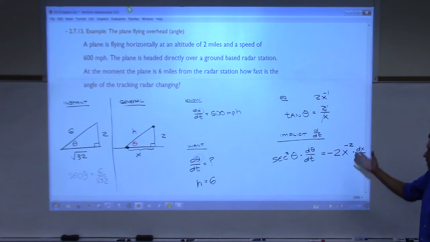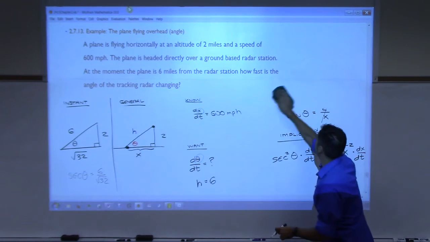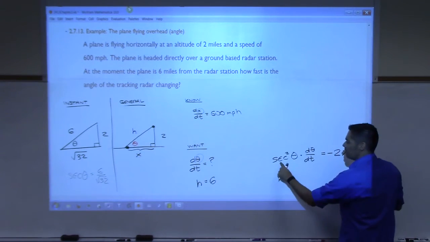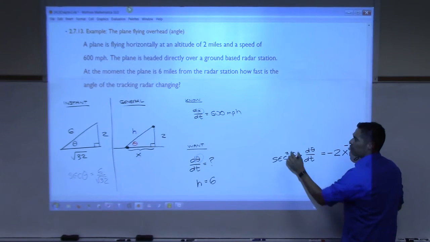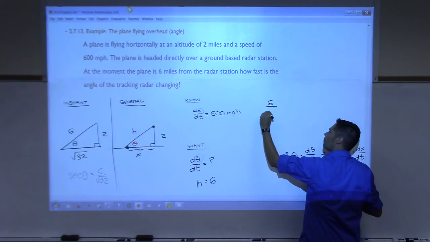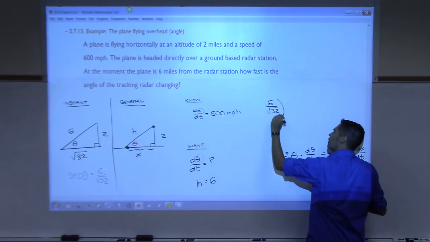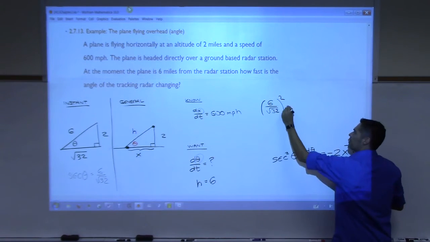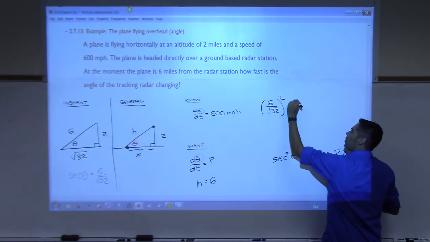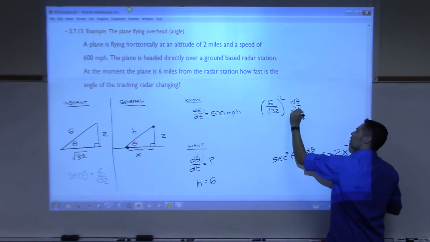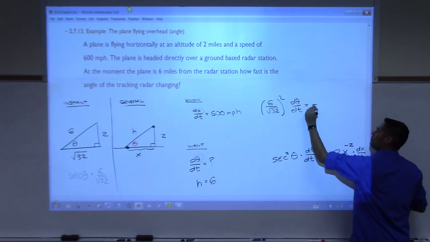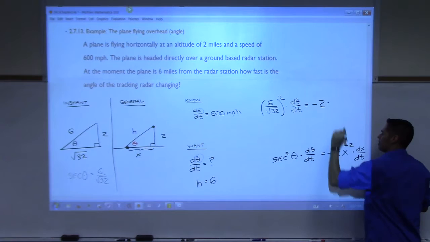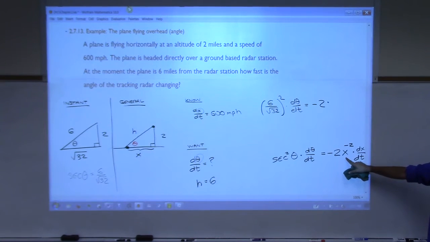So I'm ready. I'm going to plug everything in. Secant theta, 6 over root 32, squared, times d theta dt, which is what I'm solving for, equals negative 2 times, now be very careful here.